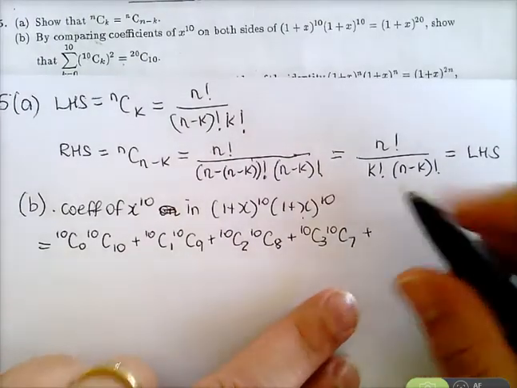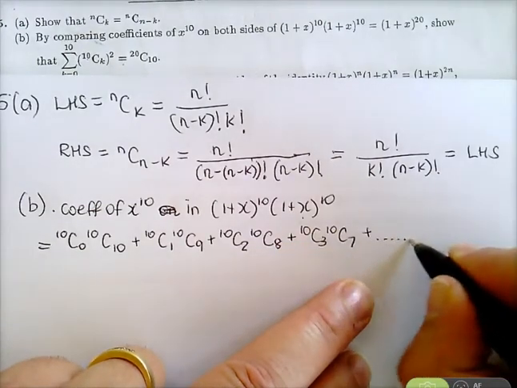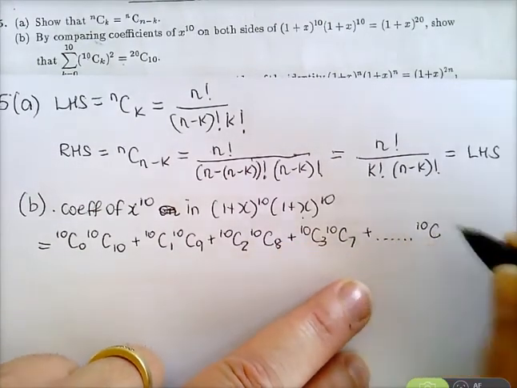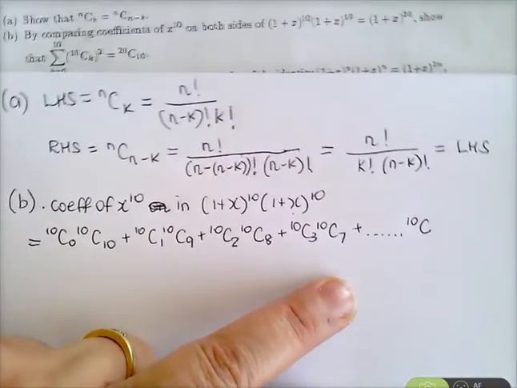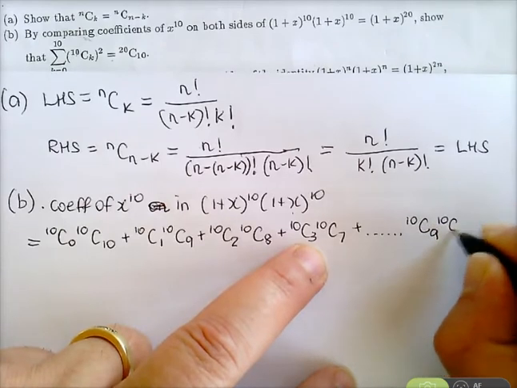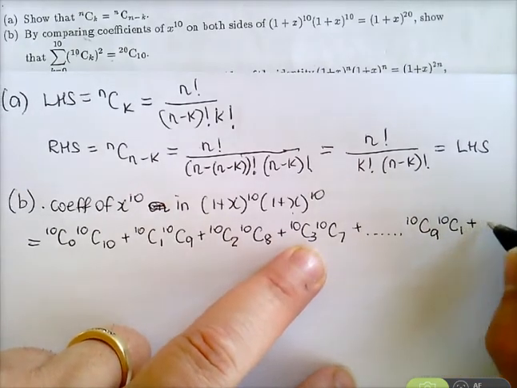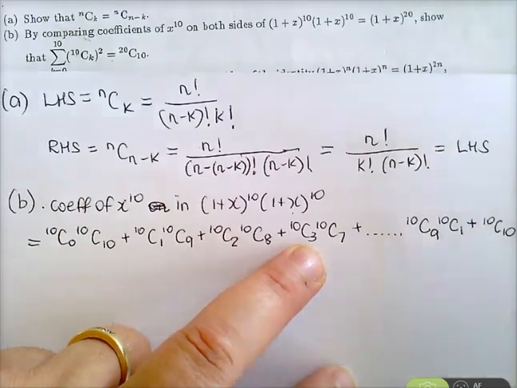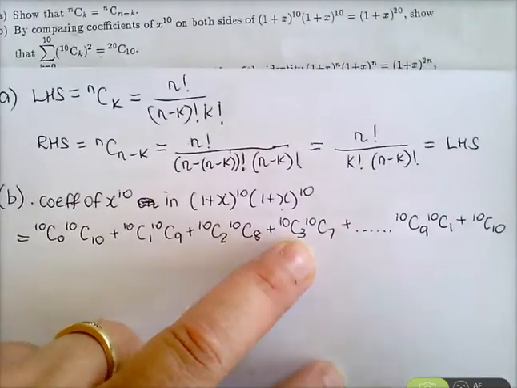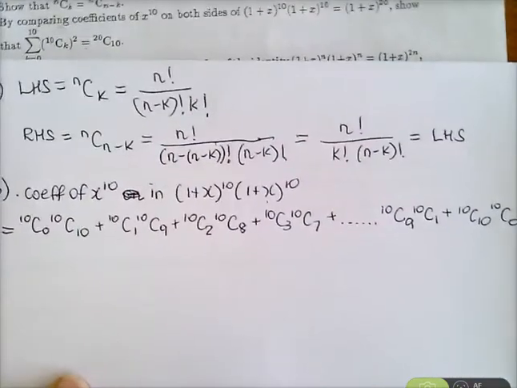You don't have to put them all. I've got to go up to 10 here and down to 1 there. Do you want to go to the second last one and the last? Plus 10C9 times 10C1, plus 10C10 times 10C0. Girls, are you okay with that?